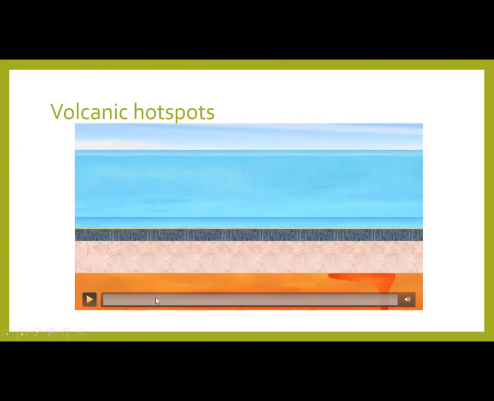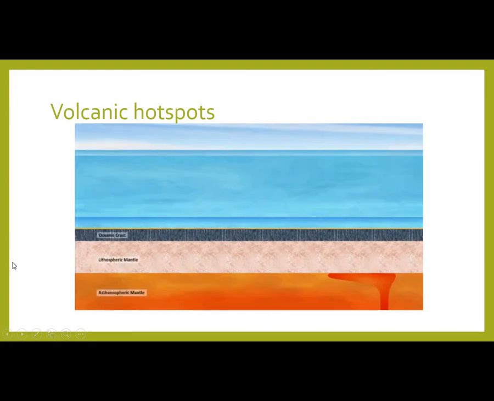I thought there was an animation. Here we go. So this explains hotspots and volcanic islands. Not all volcanoes form at plate boundaries. Some form instead in the interior of a plate, where geologists call them hotspot volcanoes or simply hotspots. One explanation of such activity is the presence of a mantle plume, a regionally restricted column of hot rock rising inside the asthenosphere. When it reaches the base of the lithosphere, the rock partially melts, sending intrusions of magma upwards into the plate.